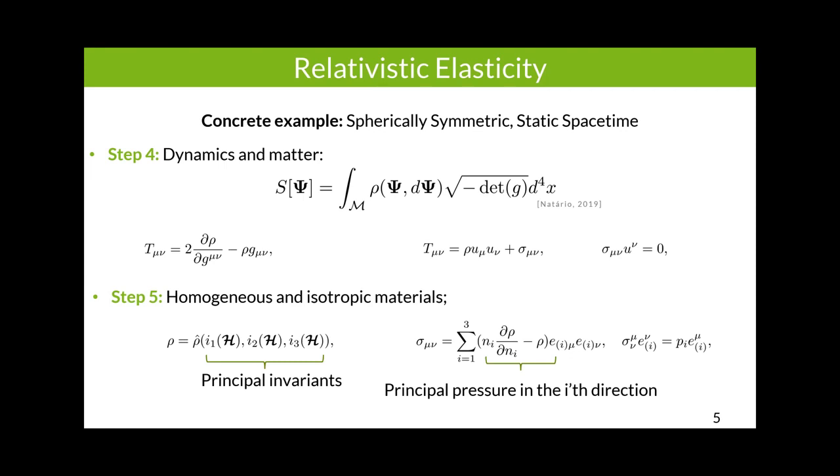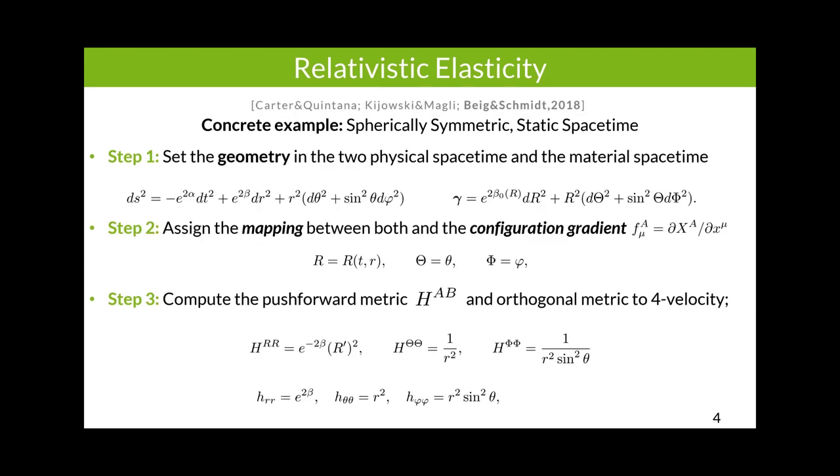If you assume this material, you can do quite a bit of algebra and move from this expression to compute what is called the Cauchy stress tensor, which has this expression in the end, where these E's in the last part are the eigenvalues of this matrix H, which is the orthogonal metric.